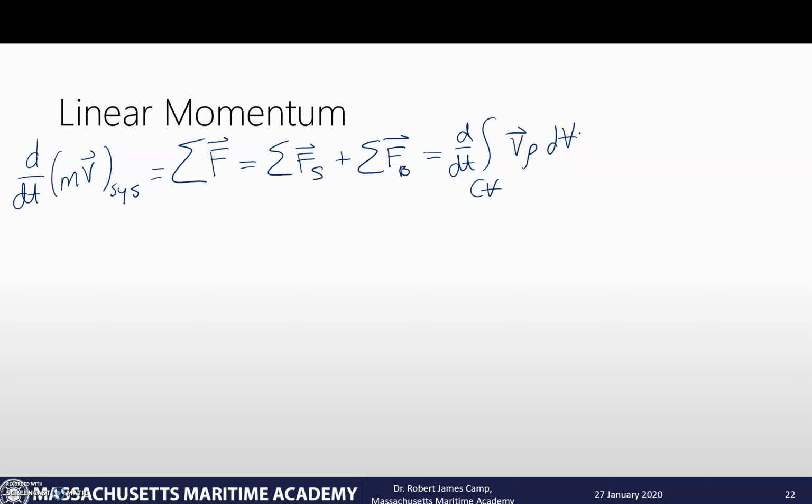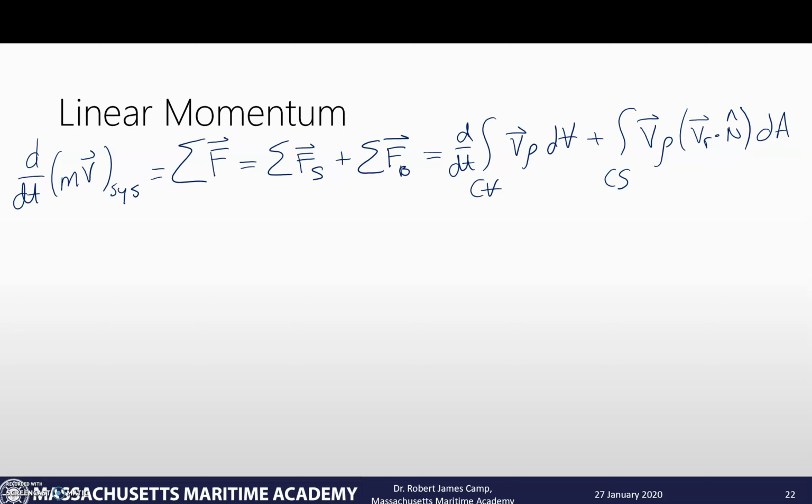That's what's changing within the control volume itself. And then we add to that the integration over the control surface of the velocity times density times the relative velocity dotted with the normal vector dA.